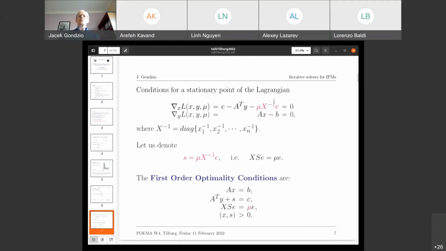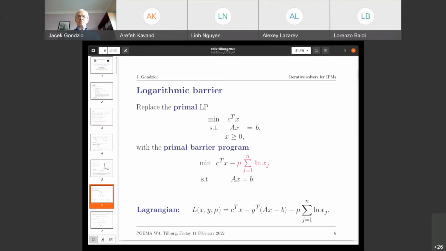Capital X inverse means that this is the matrix on the diagonal of which we have inverses of entries of the vector x1, x2 up to xn. Please remember that we keep all the x's strictly positive. Of course, we have to keep them that way because otherwise the logarithm would not be correctly defined.